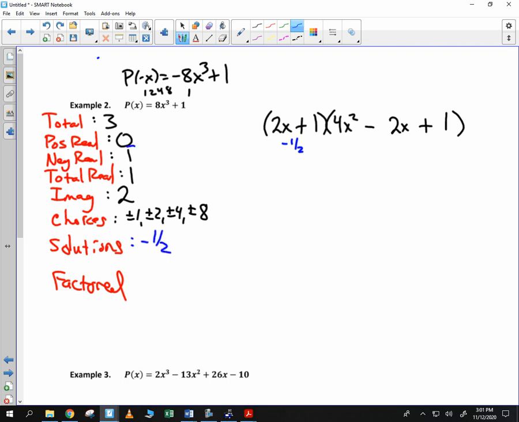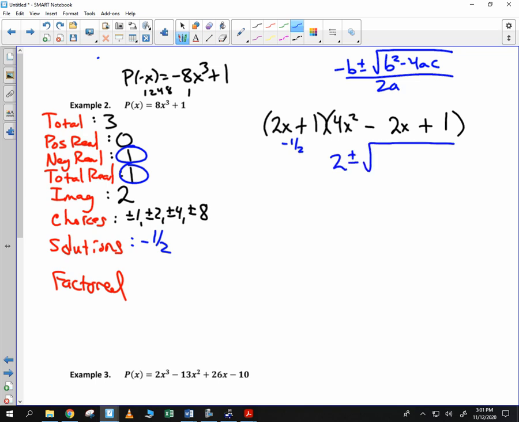Notice that that is my negative real, my one real solution I have. The other 2 are imaginary. We're going to use the quadratic formula in order to find the 2 imaginary. Negative b will be positive 2 plus or minus the square root of b squared, and we get 4, minus 4 times a times c, all divided by 2a, which is going to be 8.